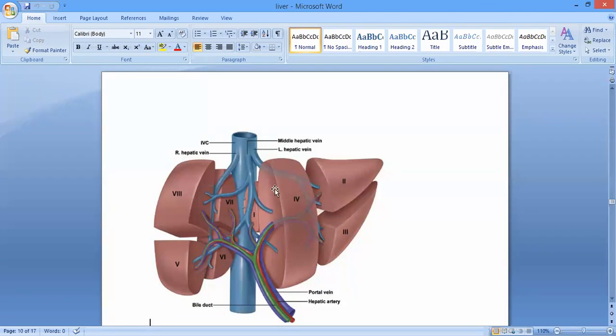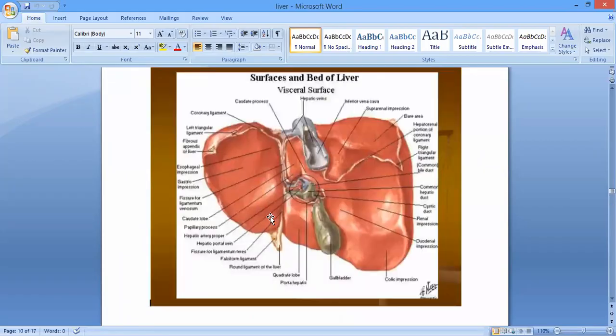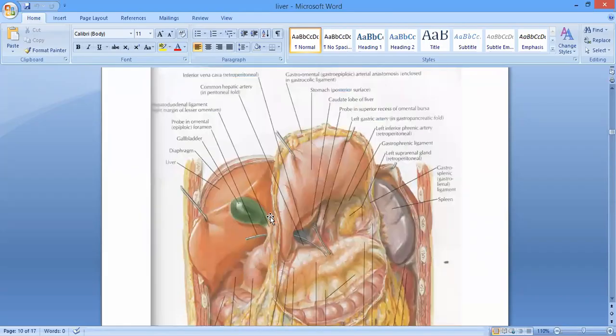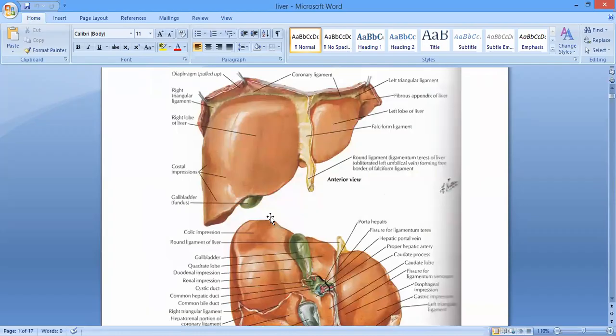ठीक है? On the diaphragmatic surface, right, it is marked by an imaginary line that is called the Cantlie line. So on the diaphragmatic surface, we draw an imaginary line, right?